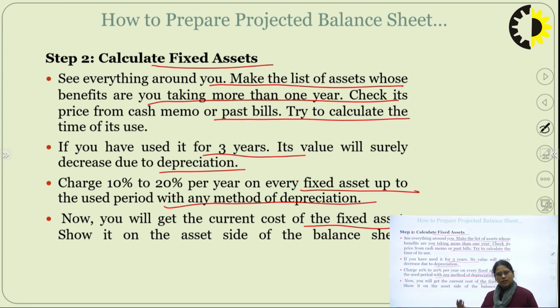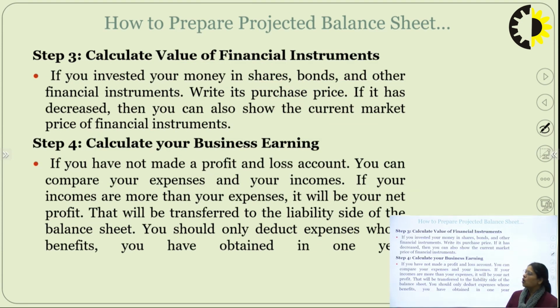You will calculate the value of the current asset as well as the fixed asset in the balance sheet pro forma. Now after calculating the value of current asset and the long term asset, we have to calculate the value of financial instruments.